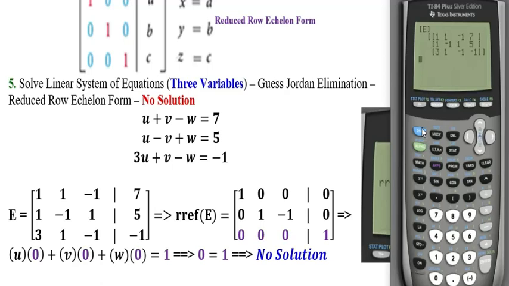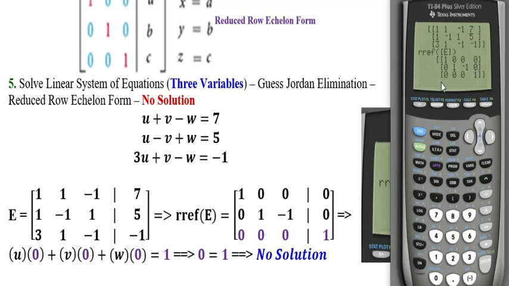And we do second matrix, math, RREF, second matrix called matrix E, close it, hit enter, and here is 1 0 0, 0 1 0, 0 minus 1 0, 0 0 1.